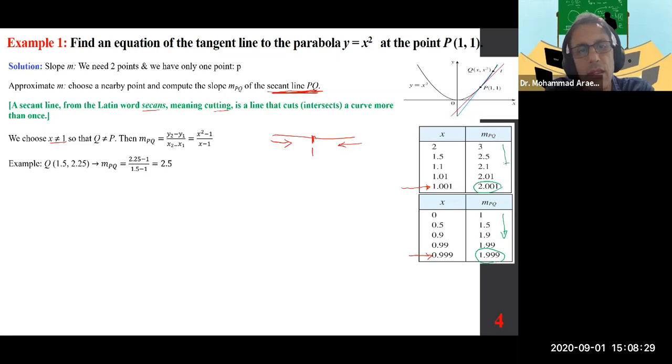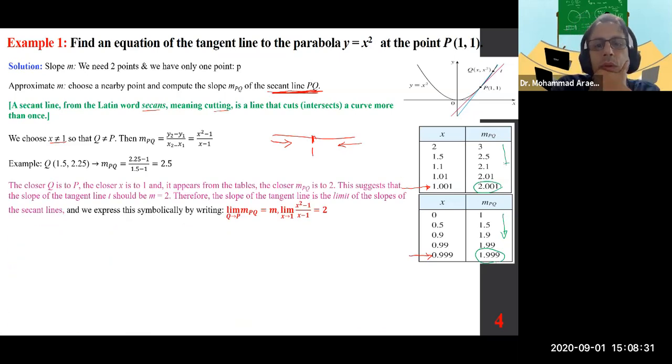I hope you see that in a limiting band, okay? So we say the limit of the tangent line is the limit for the secant line as Q gets closer and closer to P.